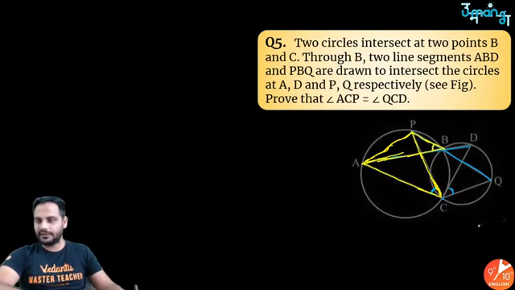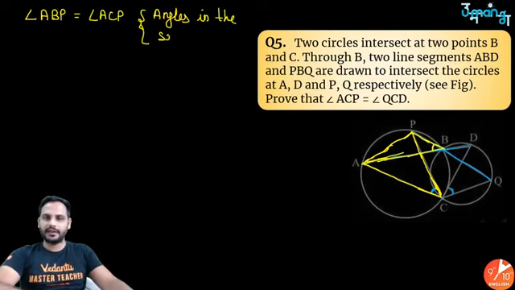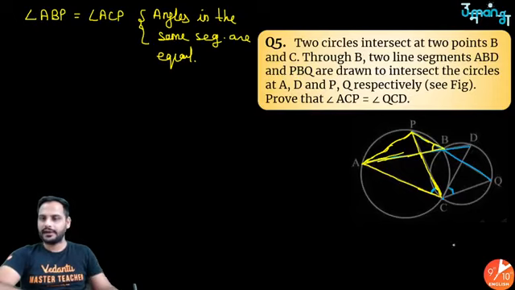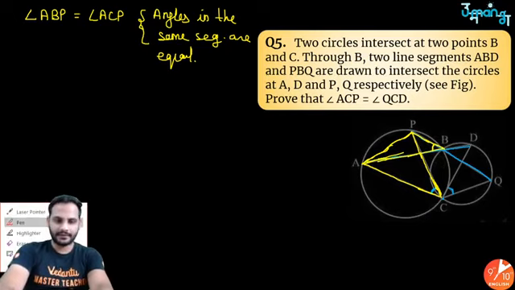These two angles must be equal, right? So I can say angle ABP is equal to angle ACP because they are angles in the same segment.